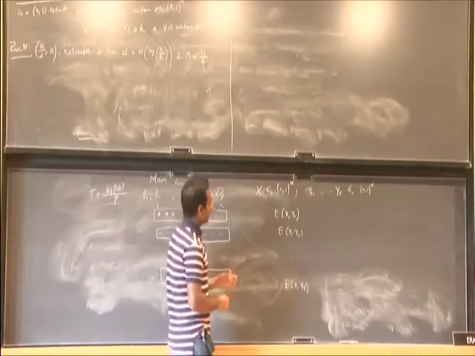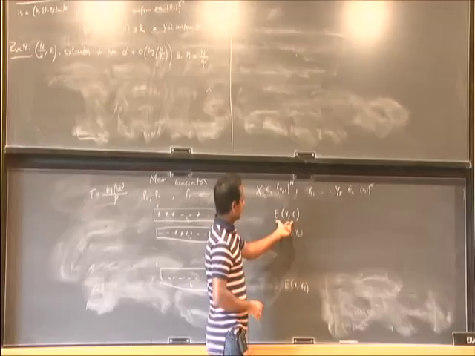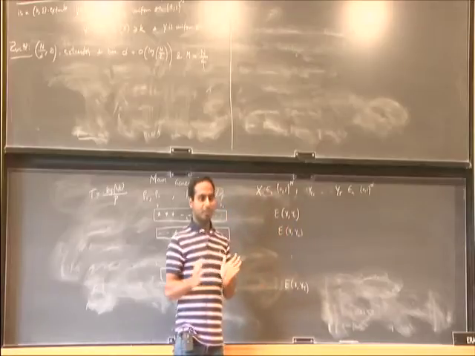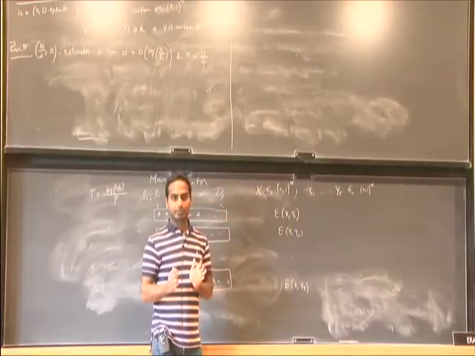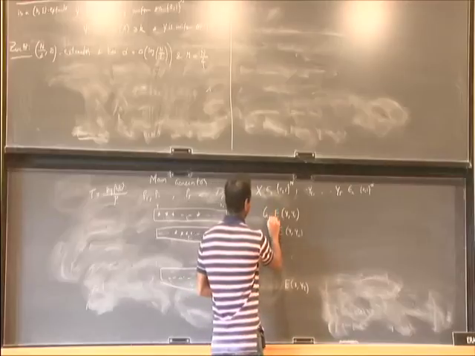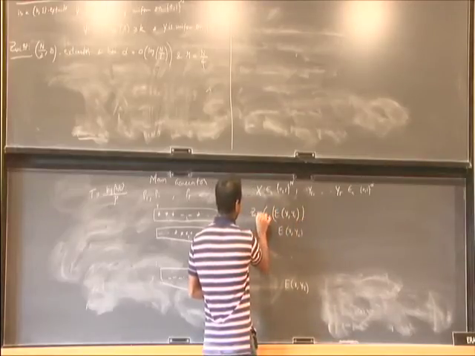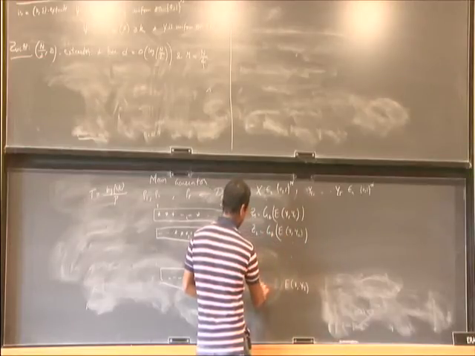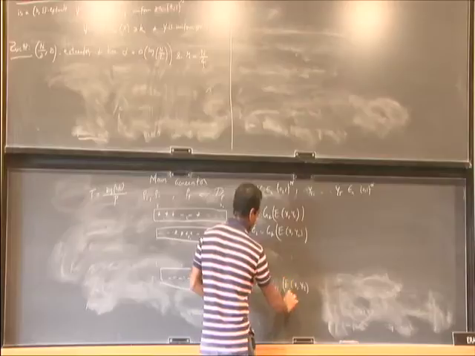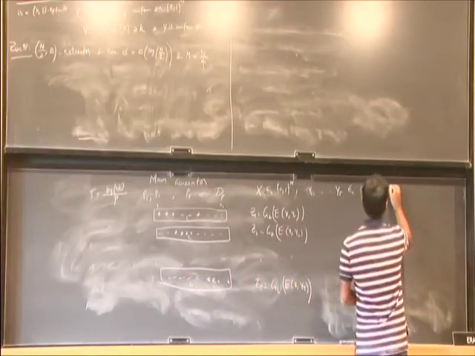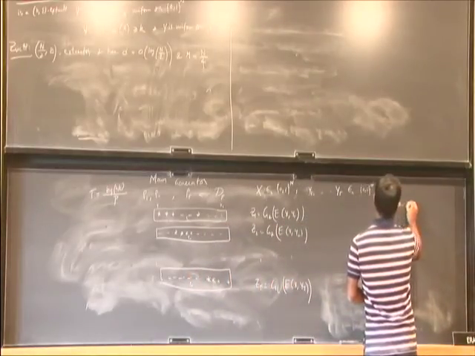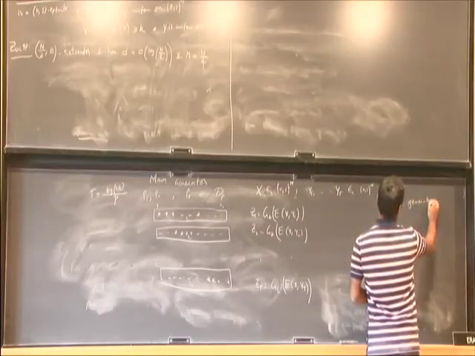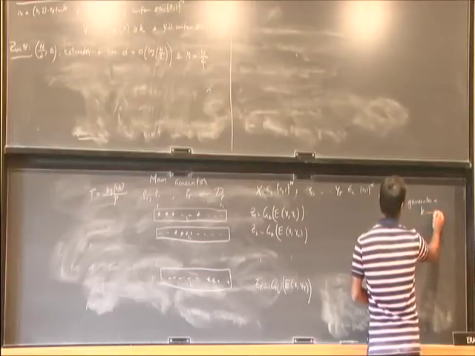What we'll instead do is use this extractor output as a seed for a k-wise independent generator. Let me write it down properly. Let z1 equal this, z2 equal this, and so on, where g_k generates a k-wise independent string.